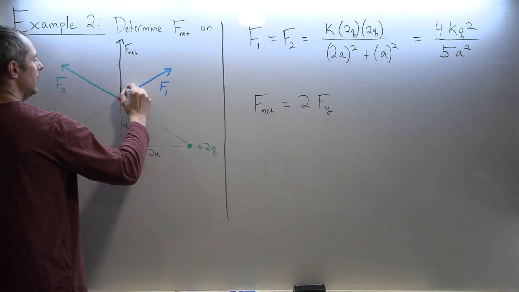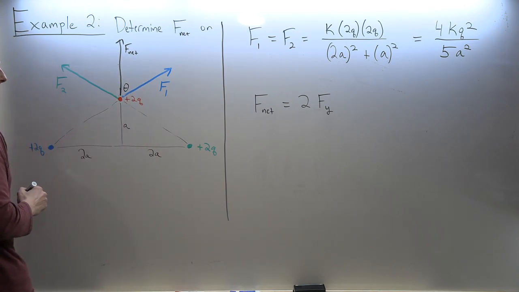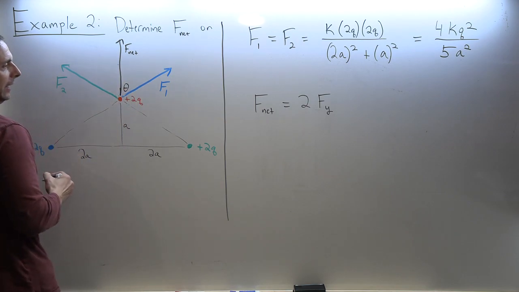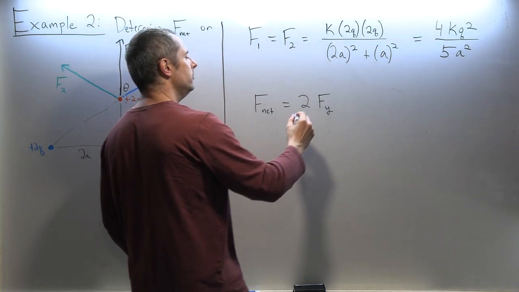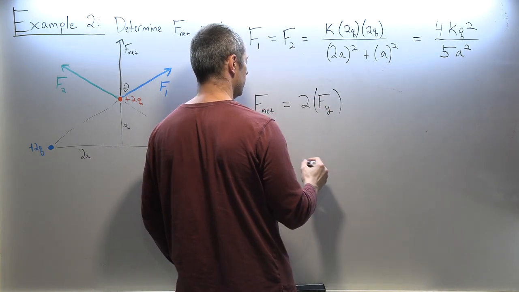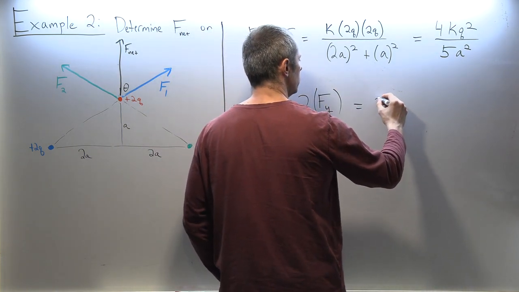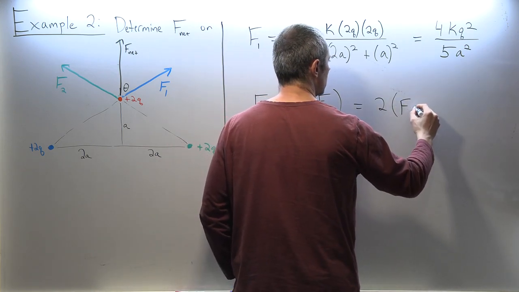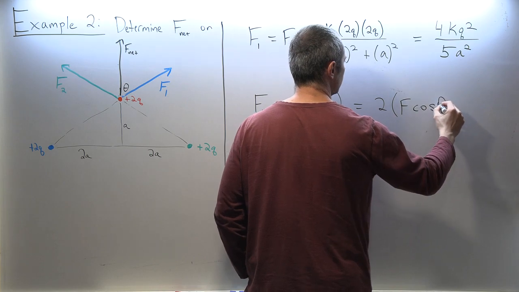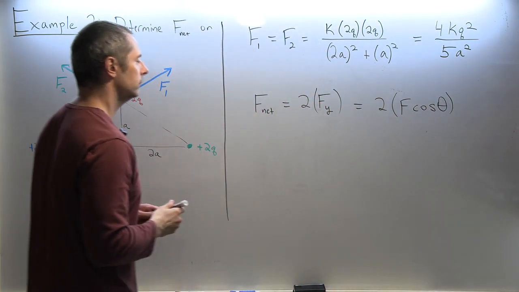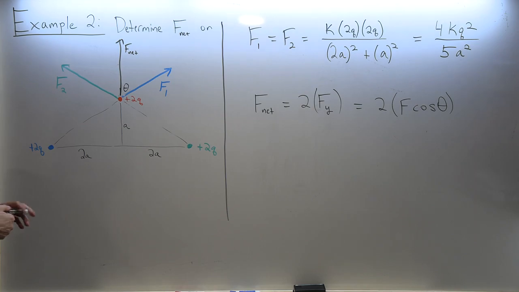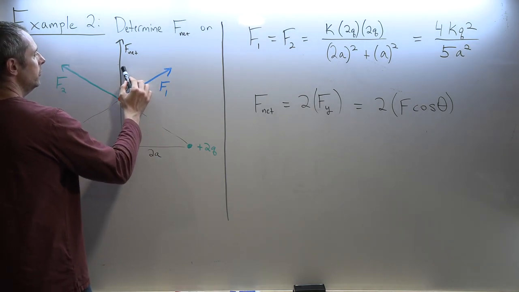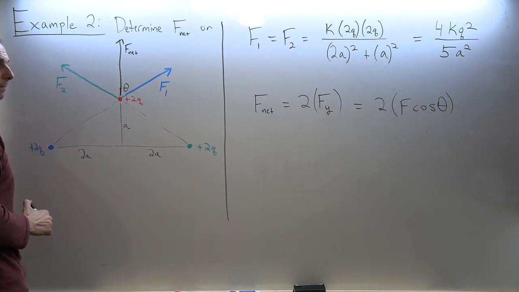Well, if I put a theta here, this y direction is the adjacent side to the angle. So I could replace this with 2F cosine theta. All right, and that'll give me F cos theta, the adjacent side. I double it because there are two of those.